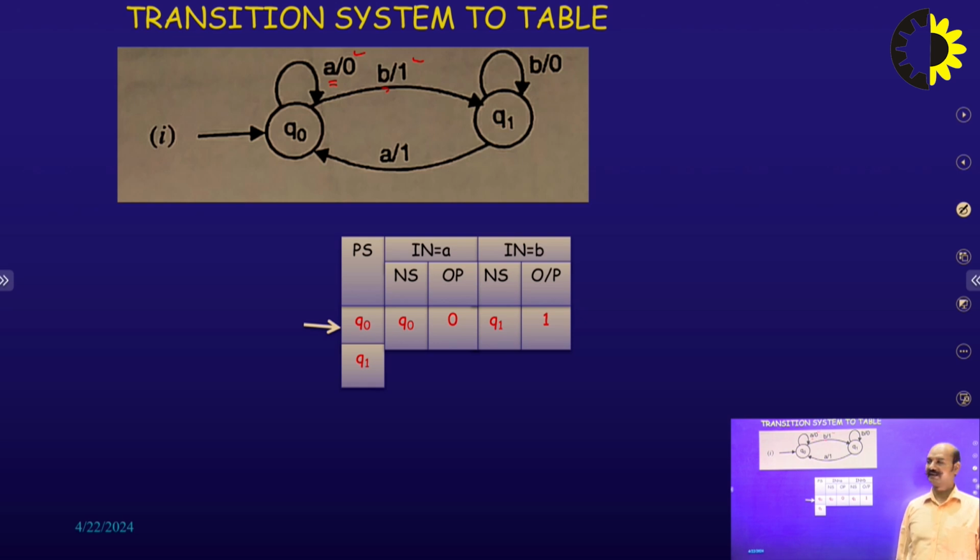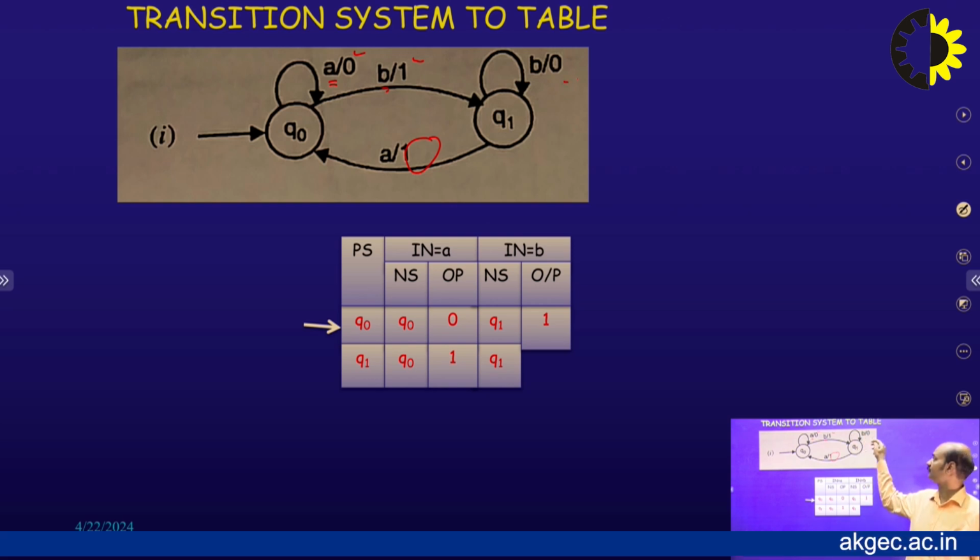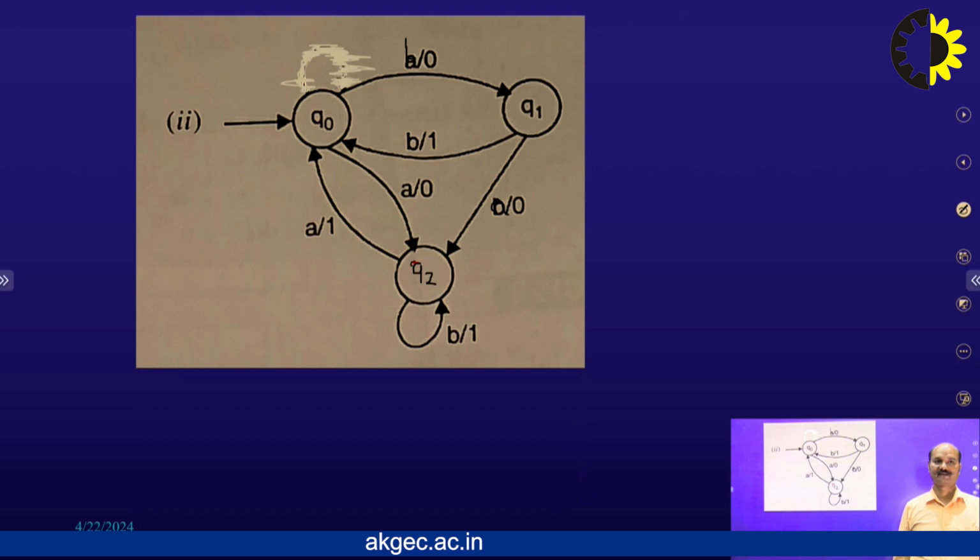Q1 on input A reaches Q0 again and produces output 1. Then put B: on B it reaches Q1 and produces output 0. This is the complete diagram. Then there is one more example, you can try this.